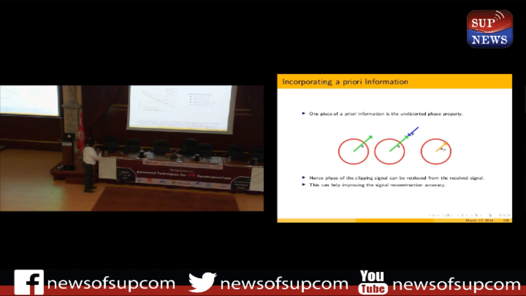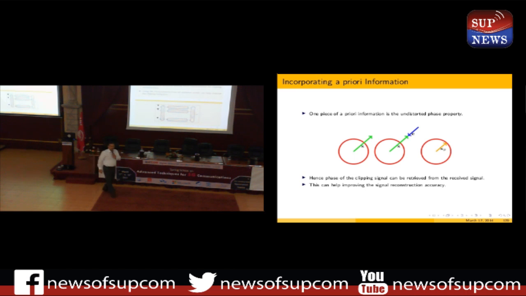This is the curve where I just find C, and this is the curve where I use the phase, and I try to find the location of the clipping. Remember, I have two pieces of information that I can use, where the clipping happened and the phase of the data. So as you can see here, the a priori information helps me compared to the case where I don't use prior information. And it's very close to the Oracle least squares.